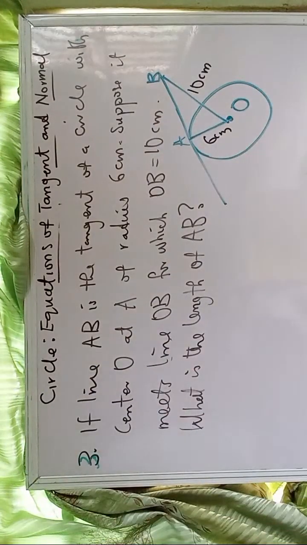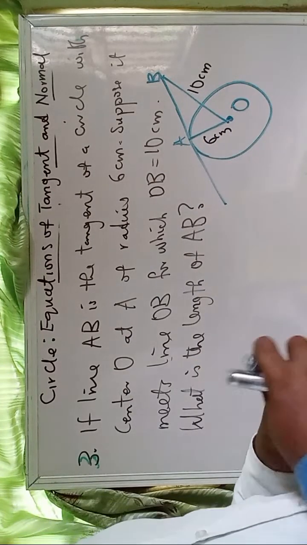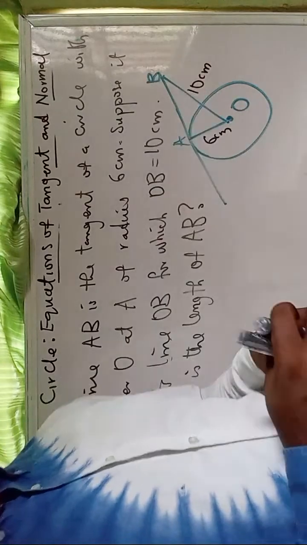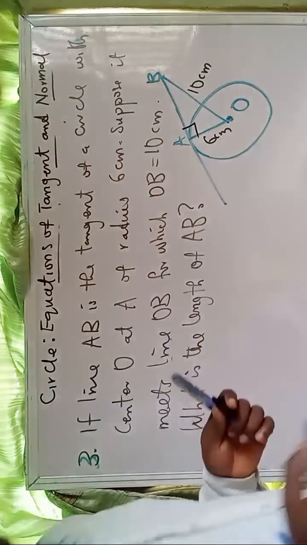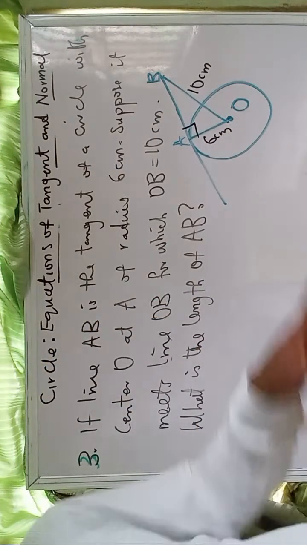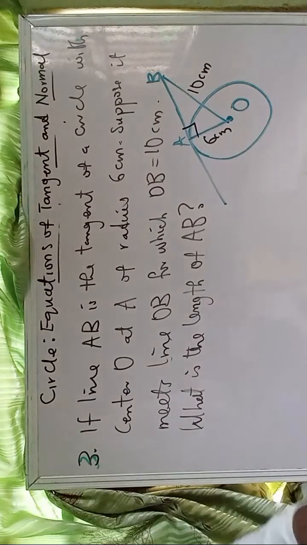To do this, I think this is not far-fetched. Since we know that the line AB is a tangent line, it means this line forms an angle of 90 degrees to the radius, which means that the shape you have got here is a right-angled triangle.